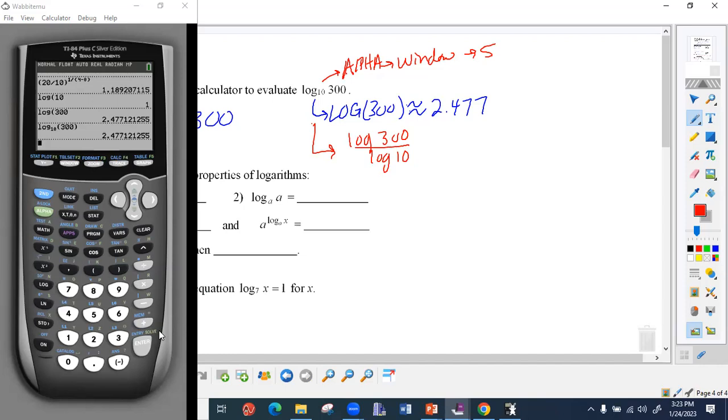So the third and final way is log of 300 divided by log of 10. And guess what? We still get it. If I didn't have a TI-84 at home and couldn't do alpha window 5, could I still find my approximate answer? Yes, because I can do it on any calculator that has a log. Got it?